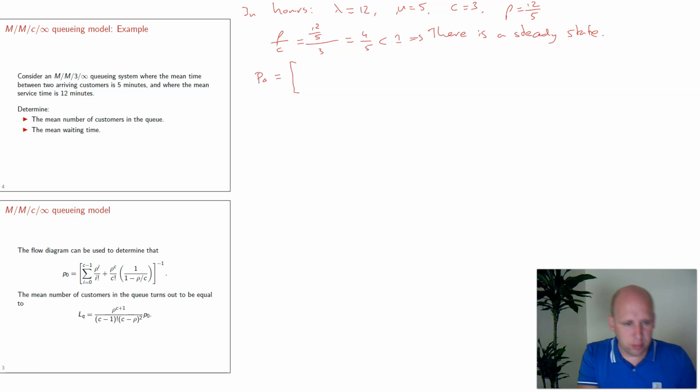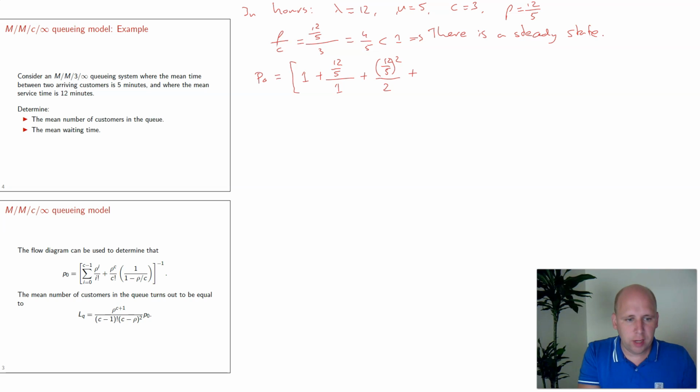If it has value 0, then we get rho to the power 0 is 1, and 0 factorial is also 1, so the first term is 1. The second term is rho to the power 1, so it's 12 over 5, divided by 1. And the third term is rho squared, so you get 12 over 5 squared divided by i factorial, 2 factorial, is 2.